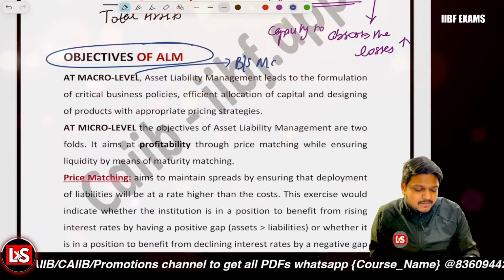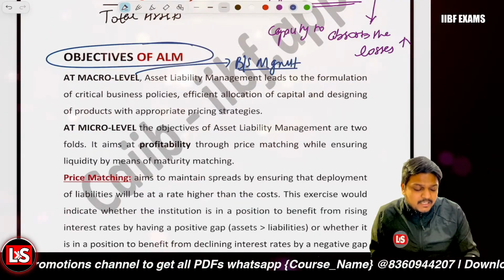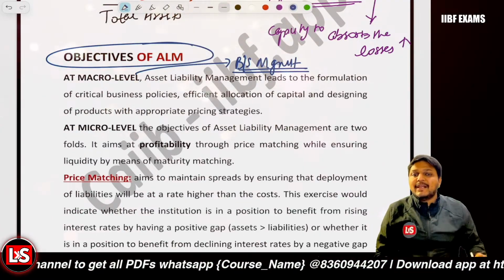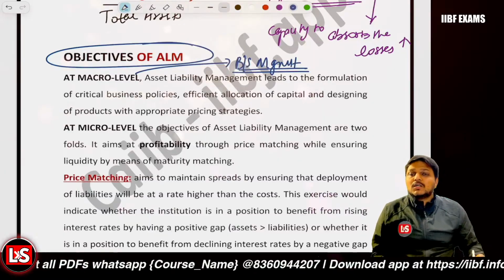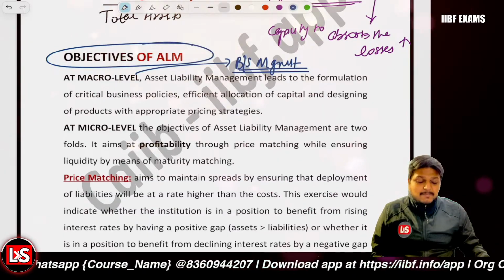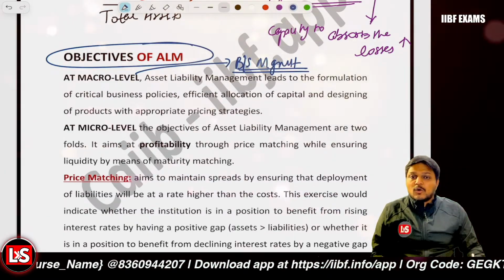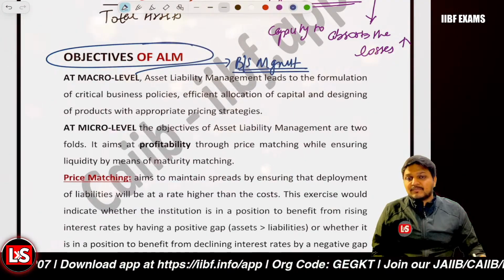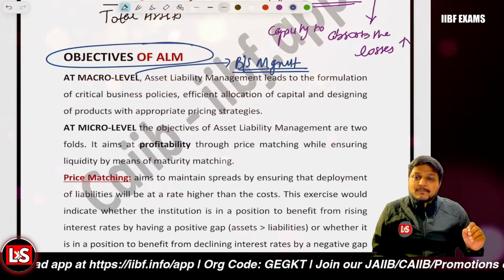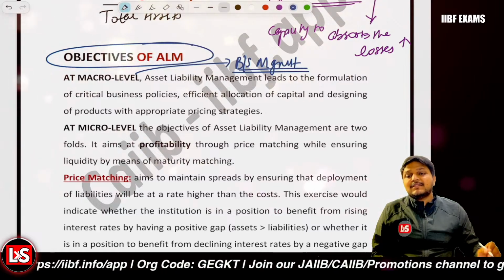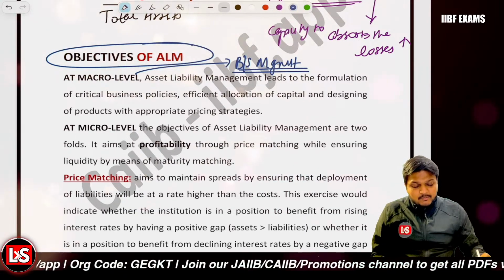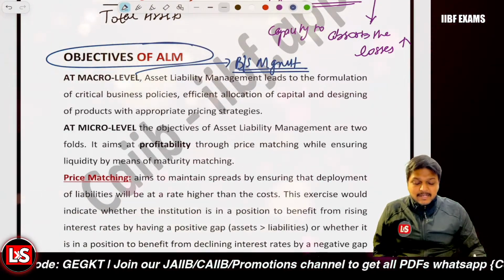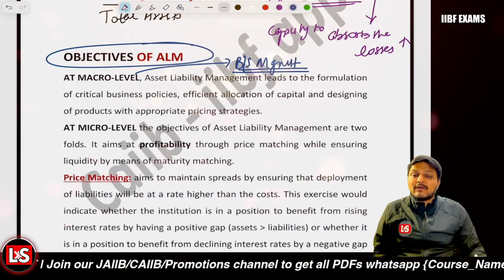How strategically we can manage our balance sheet, how the business and risk management policies can be made out of it, how the efficient allocation of capital can be done, how we can appropriately design the pricing strategies, and what our risk appetite and regulatory norms are. That is at the macro level, at the bank level.